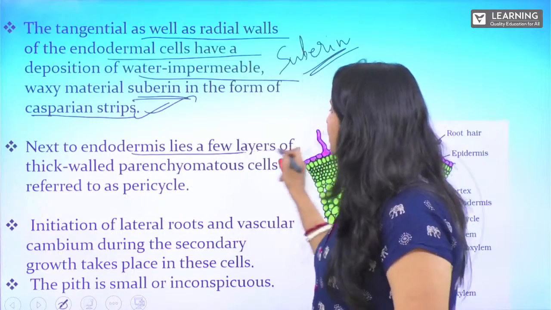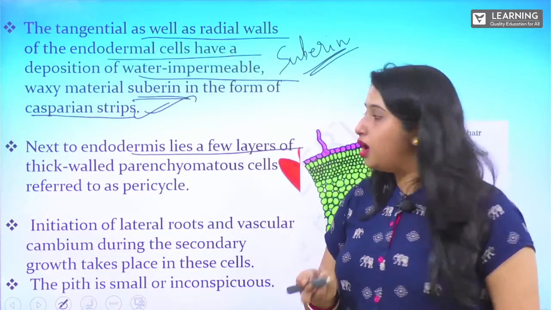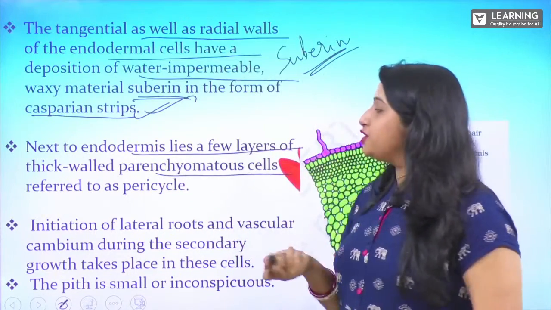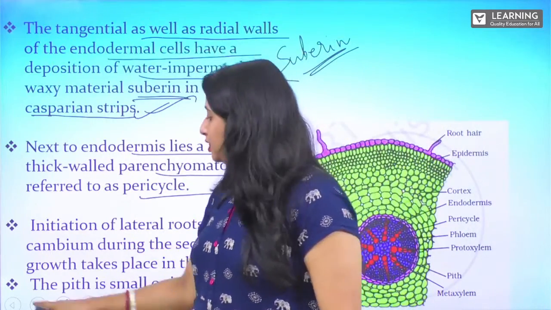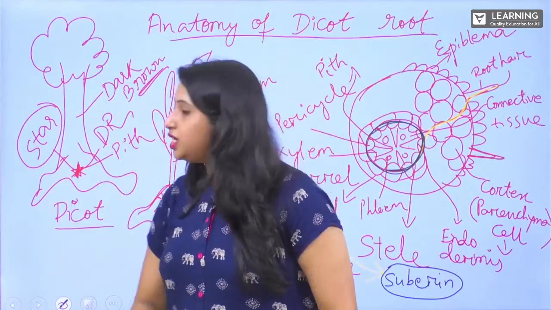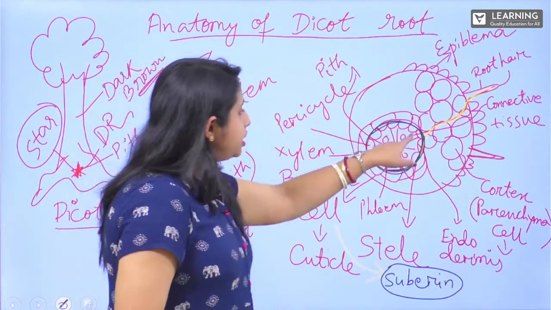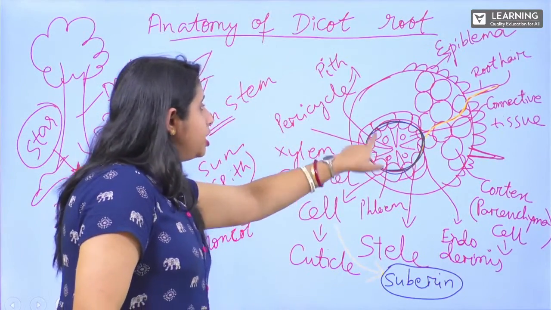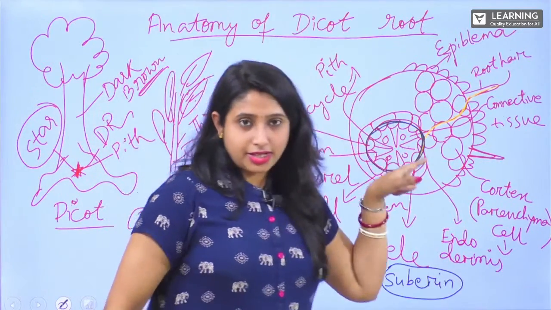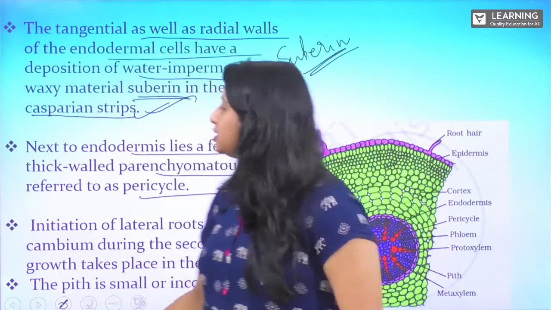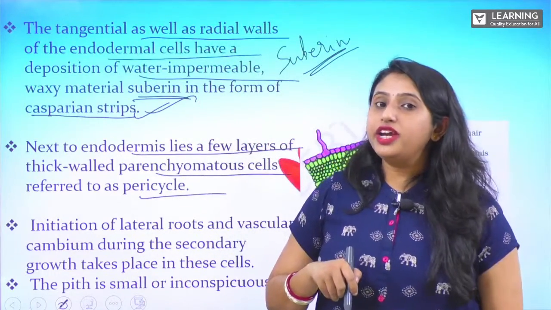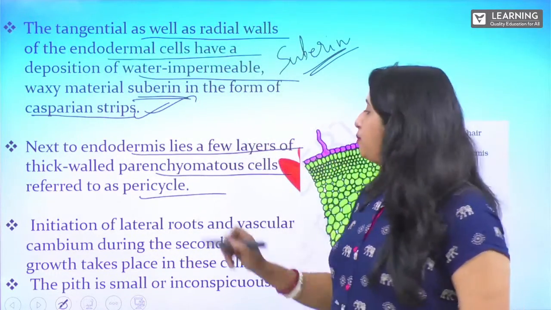Next to the endodermis lie a few layers of thick-walled parenchymal cells referred to as the pericycle. As you have seen in the diagram, next to the endodermis we have drawn one layer, the pericycle.